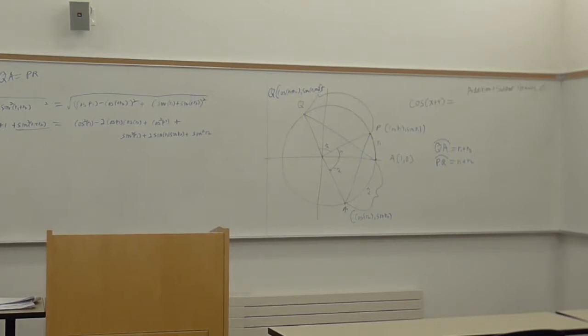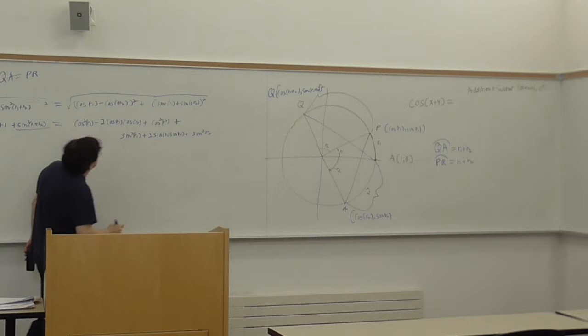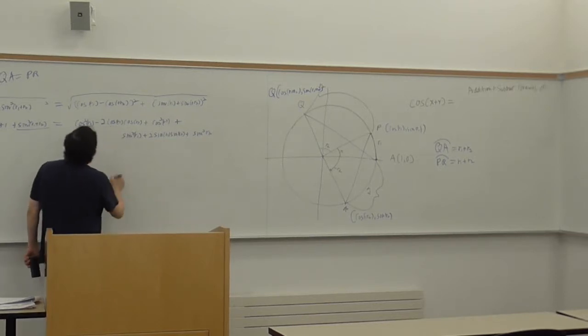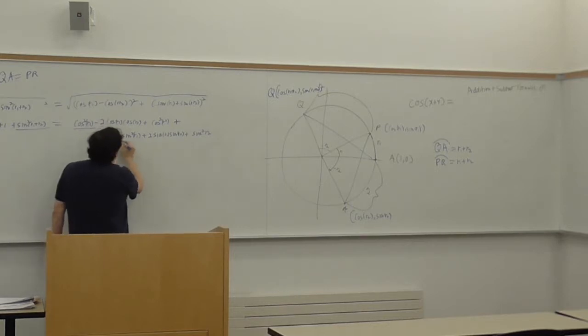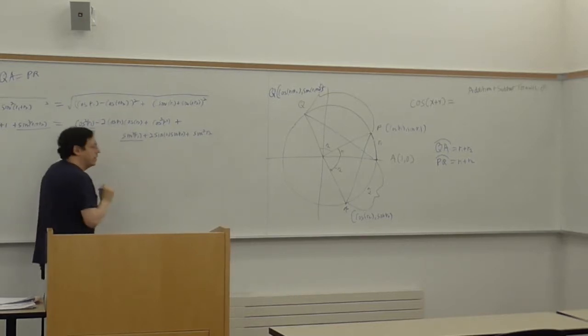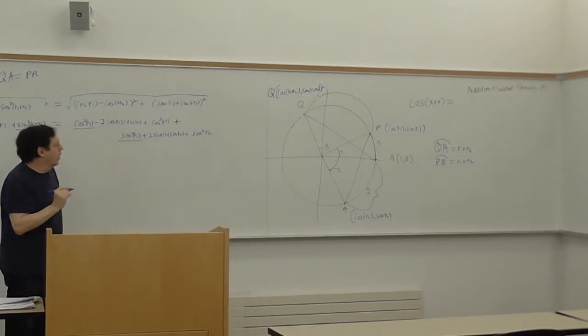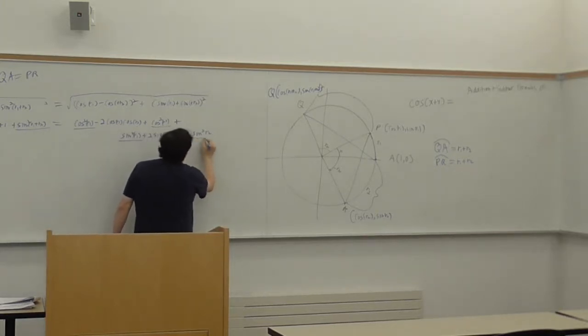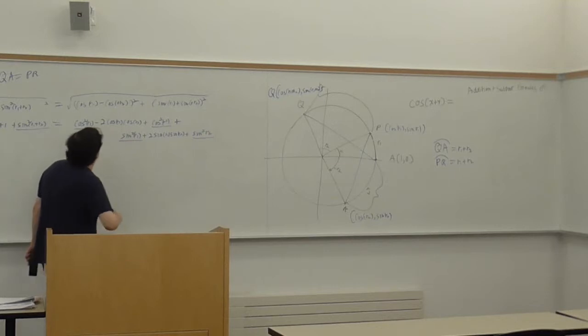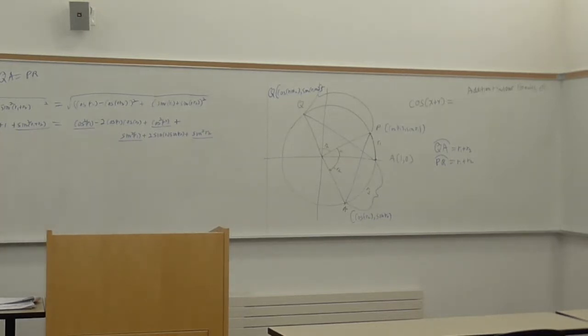It's 1, right? Sine squared plus cosine squared is 1. What else have we got here? Cosine squared R1 plus sine squared R1 is also 1. That's nice. Cosine squared R2 plus sine squared R2, that's another 1. All right, so let's do that.